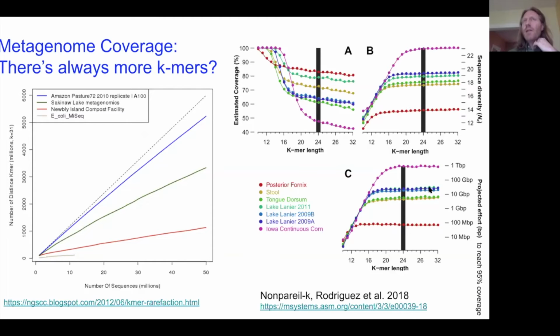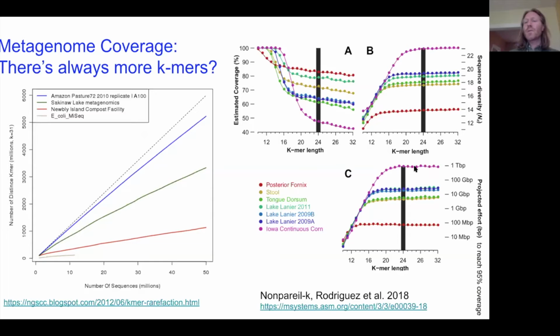An entire NovaSeq run can be something like a terabase or two, and that's $20,000. So if you have 20 grand to spend sequencing a sample, then you can completely sequence the k-mers in this soil sample, but a lot of times you don't.